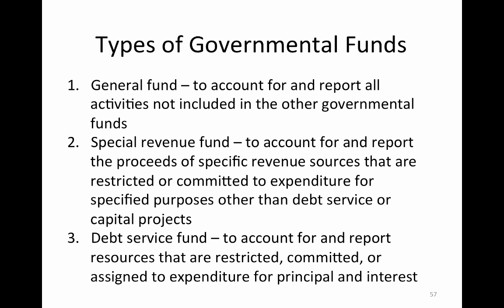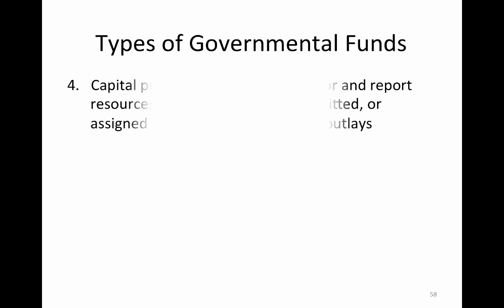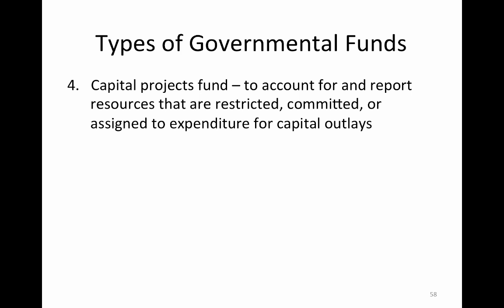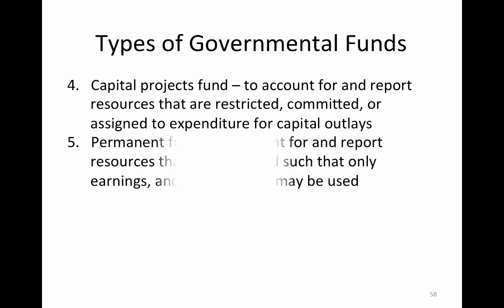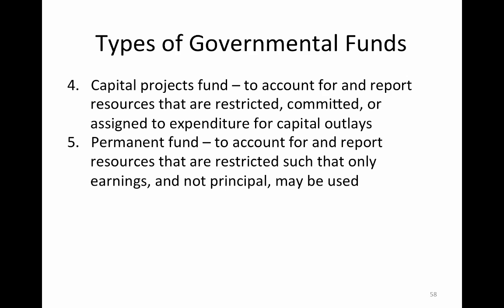Debt service funds account for the repayment of debt, and capital project funds account for the cost of acquiring and building capital assets. And then lastly, there are permanent funds, which account for resources that a government is required to keep in perpetuity.